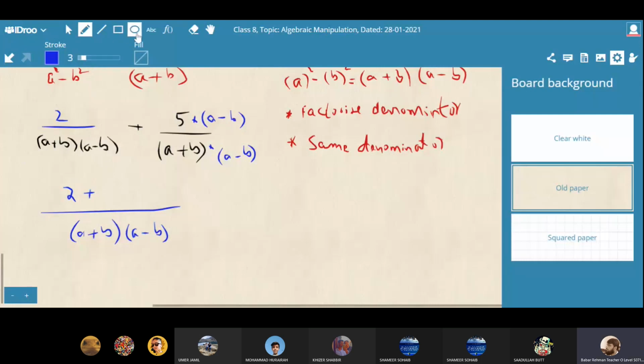Okay, one more thing. If I use the eraser, I want to make the question negative here. Let me make the negative sign here. So be careful when a negative sign is there. Students, you have to multiply -5 multiplied by 5a, so it will be negative 5a.